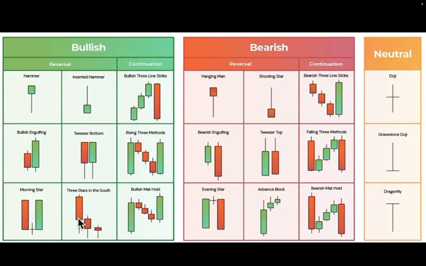Also, every one of these has a lower low than the previous candle. Like you see, the low of this was lower than this, and the low of this was lower than this. So yes, you call them three stars in the south because they happen towards the bottom of a downtrend.